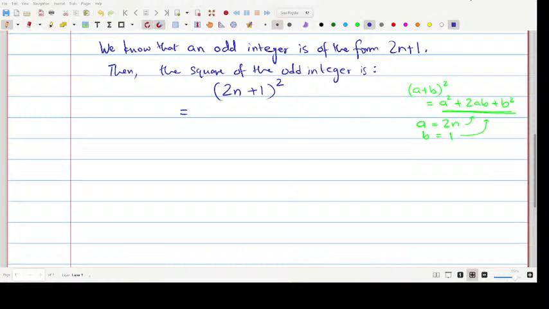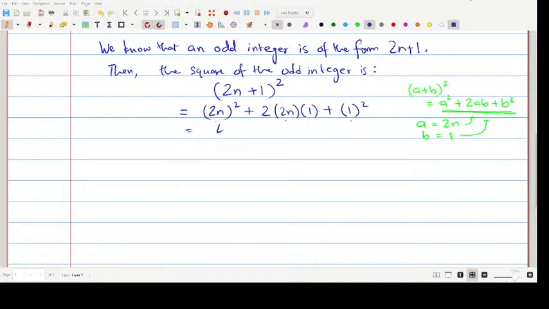So a squared is (2n) whole squared, plus 2 times a, what is a? a is 2n. What is b? b is 1. Plus b squared. What is b? b is 1. So a squared plus 2 times a times b plus b squared.